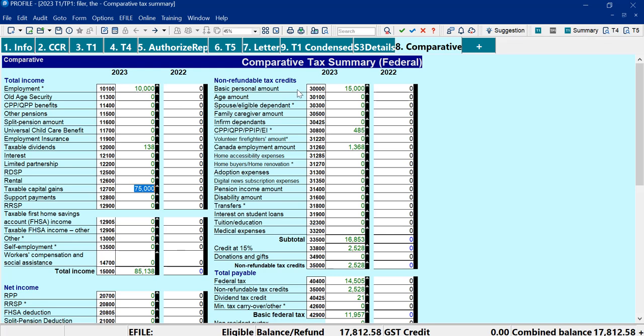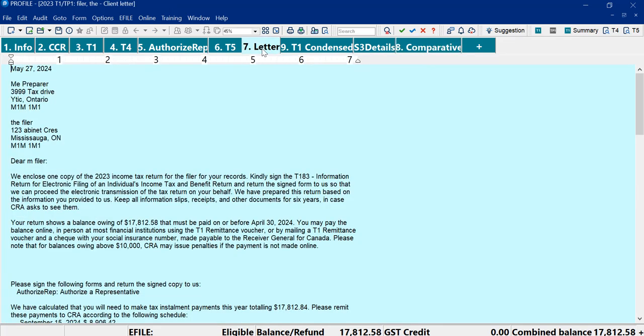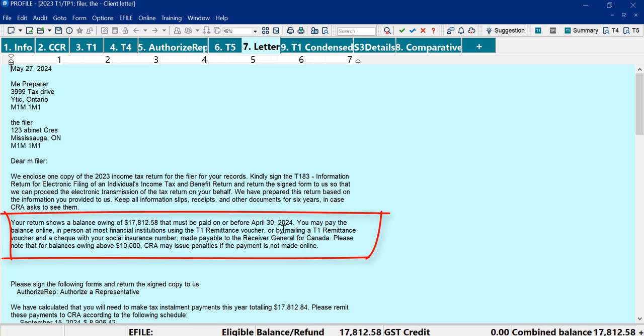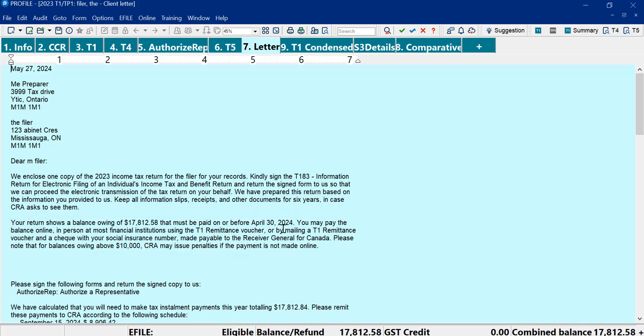A lot of confusion happens though with the letter. If I look on the client letter, it says your return balance is $17,812.58. That must be paid by, this is a 2023 return. So this is the rule.